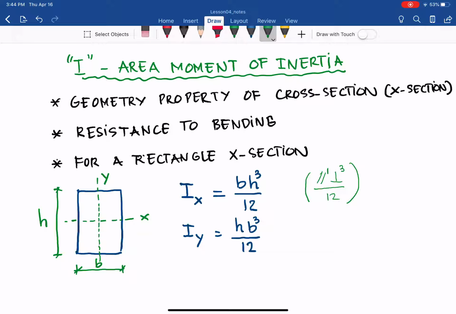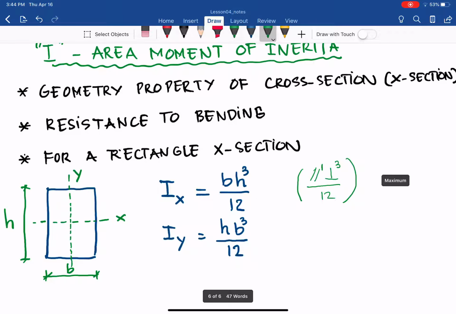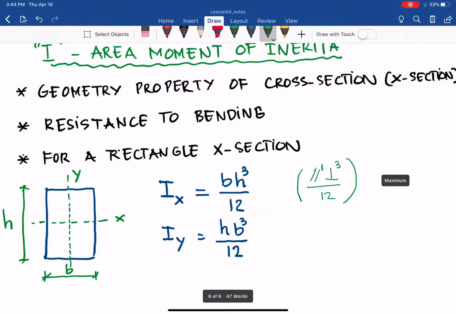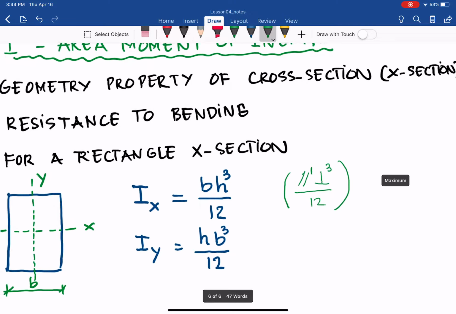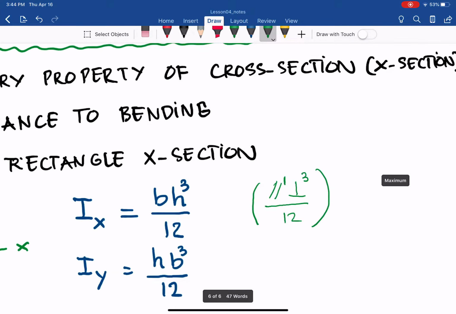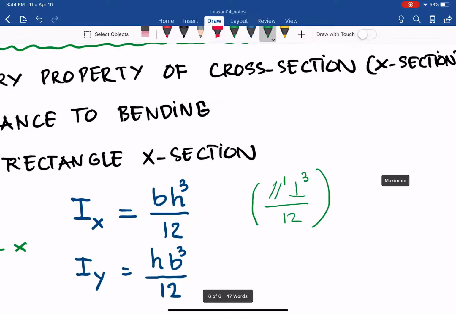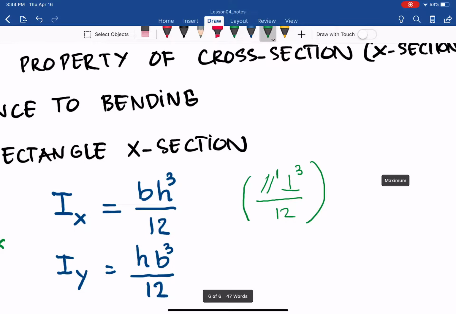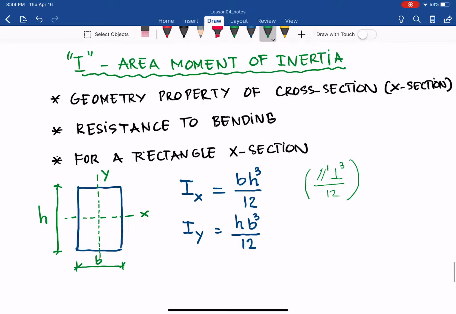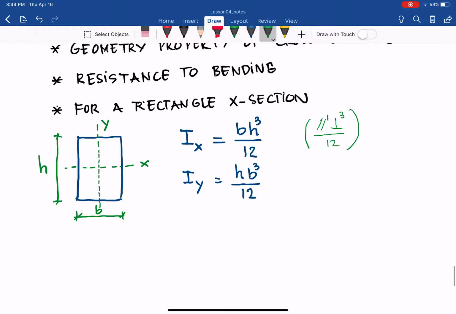So b h cubed over 12 or h b cubed over 12 depends on which axis you take the area moment of inertia about. How to know that? To avoid confusion, the side parallel to that axis will be power 1, and the side perpendicular to that axis will be cubed, divided by 12. Everyone good? Parallel times perpendicular cubed over 12. That is easy to remember.